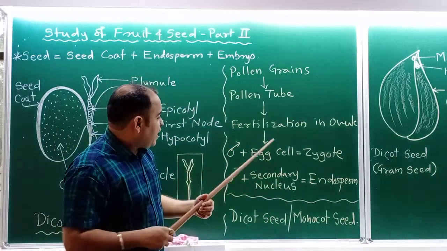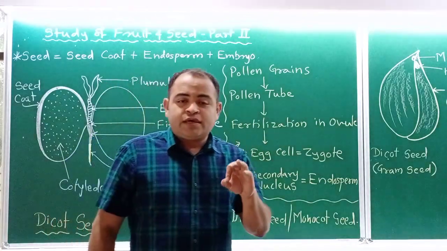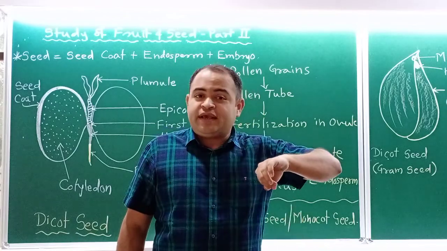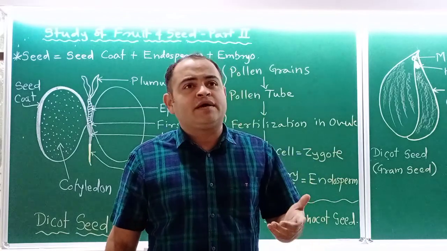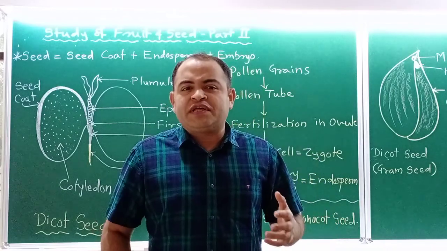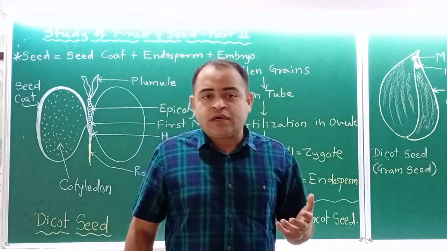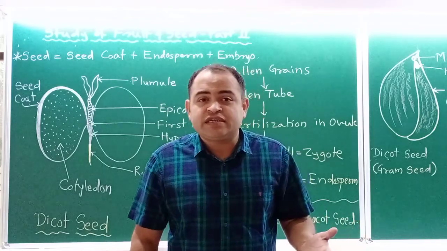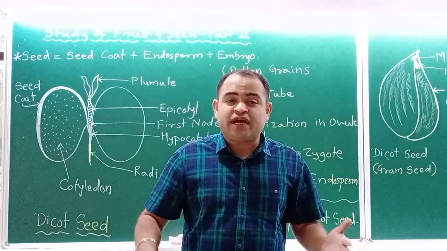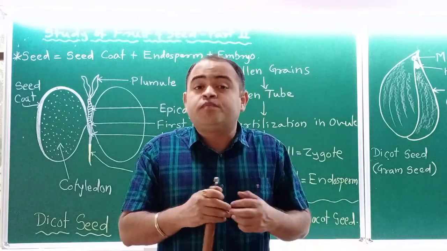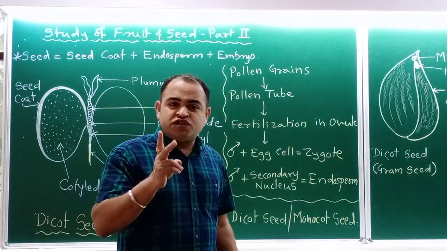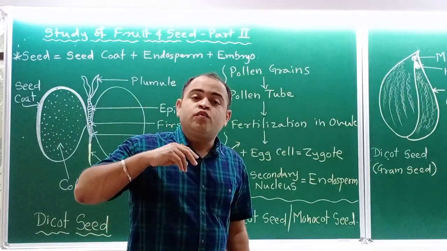This micropylar end always allows the pollen tube to enter. There are several mechanisms, like a liquid released by the synergid cells, that is, sister cells, which help the pollen tube to burst. When it bursts, the two male gametes move inside.